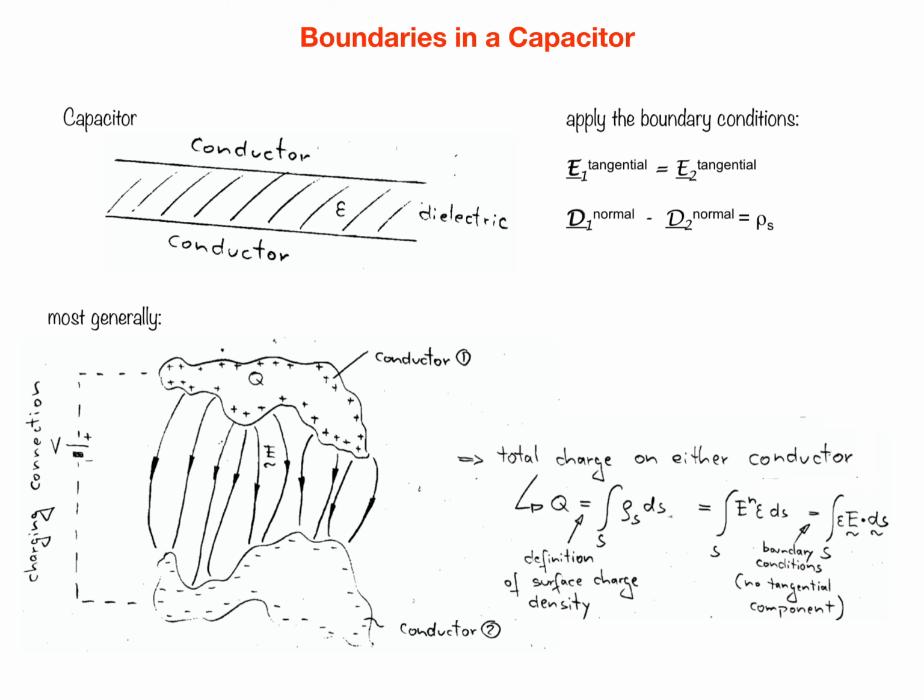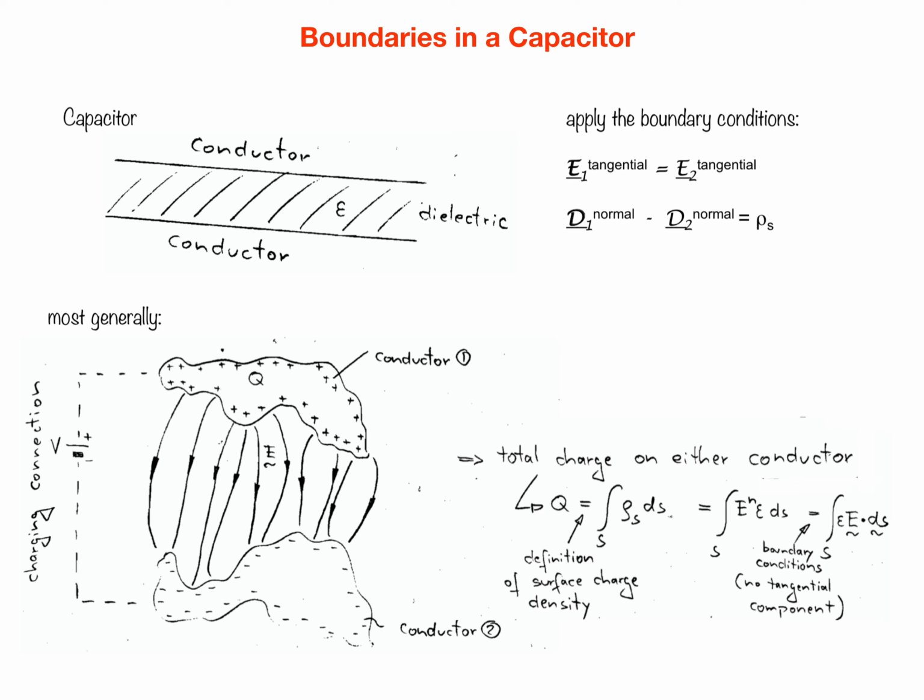If we consider the total charge Q on one of the conductors, then that is given by the surface integral over the surface charge density. This is a surface integration because inside the conductor there are no free charges.